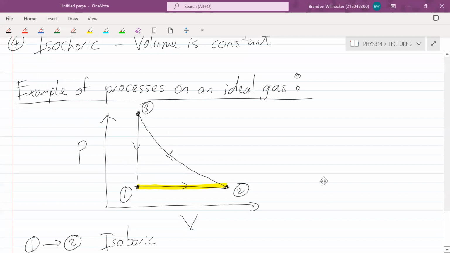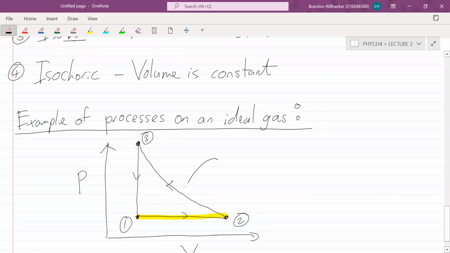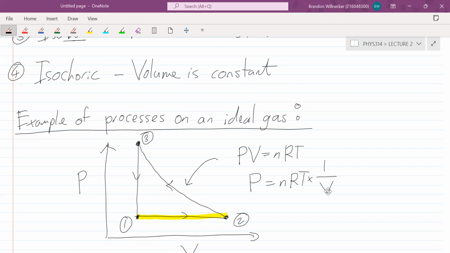Okay, from 2 to 3, I need to give you a bit more information about this curve. So if we look at the equation of state for an ideal gas, PV equals nRT, we can take V over to the other side. P equals nRT times 1 over V. So we get a hyperbola kind of shape.